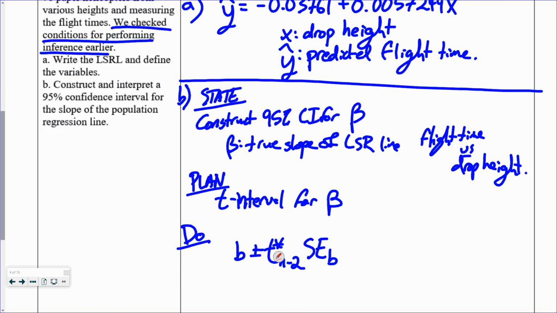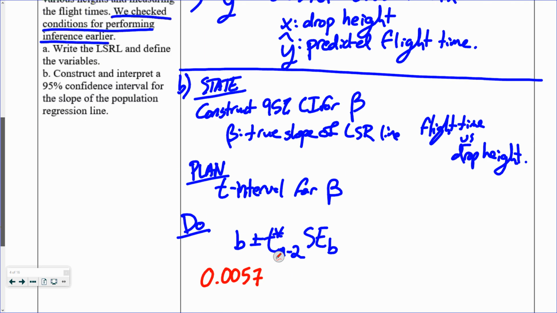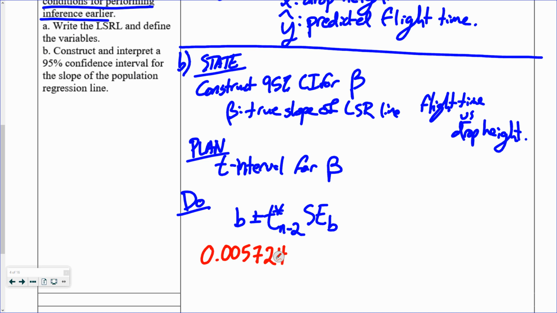So it's going to be 0.0057244. That's going to be right there in the middle of our interval. That's the sample slope that we calculated from the data we had.